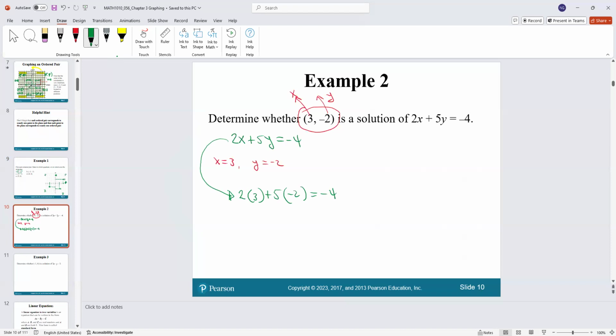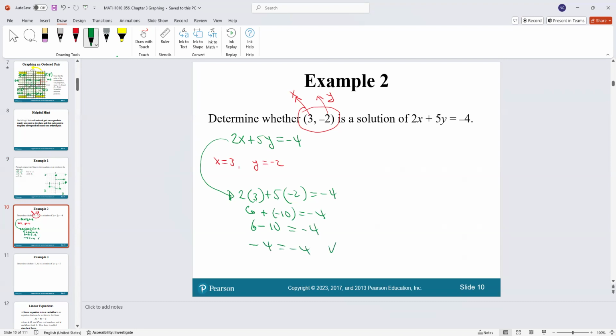Now, after you distribute and simplify, if you find the left side equal to the right side, you conclude that the ordered pair is a solution to the equation 2x plus 5y equals negative 4. So 2 times 3 is 6, plus 5 times negative 2 is negative 10, equals negative 4. So 6 minus 10 equals negative 4. Negative 4 equals negative 4. Check.